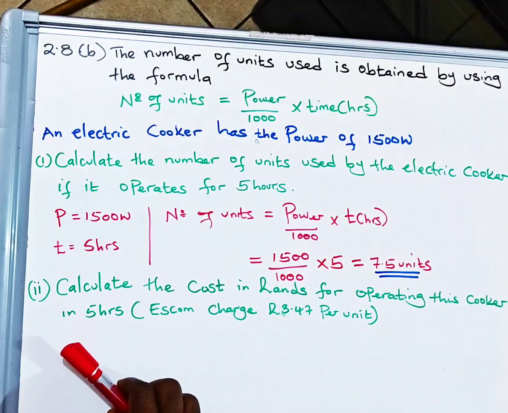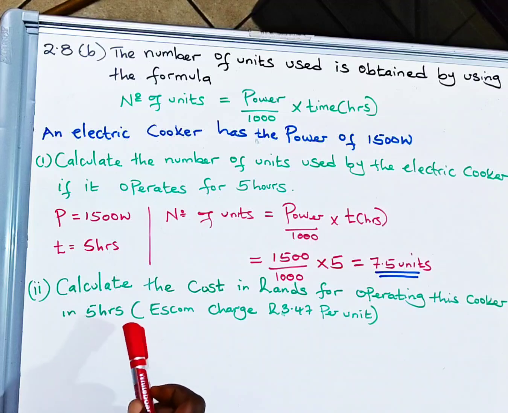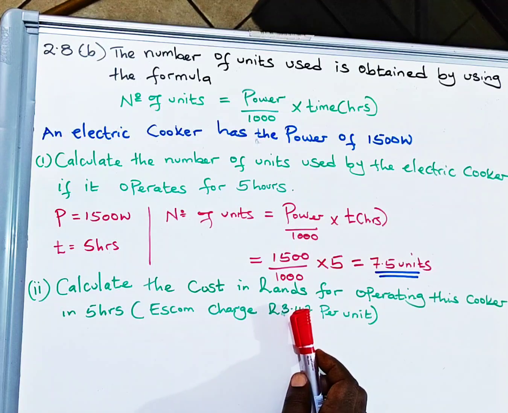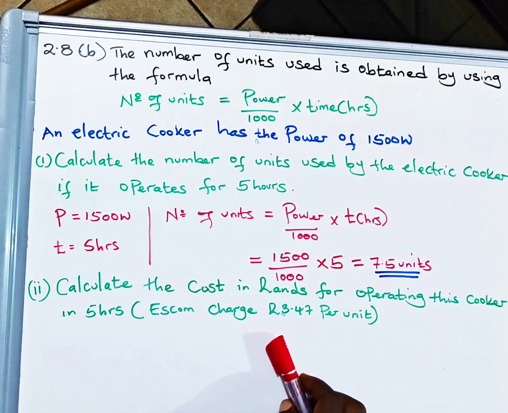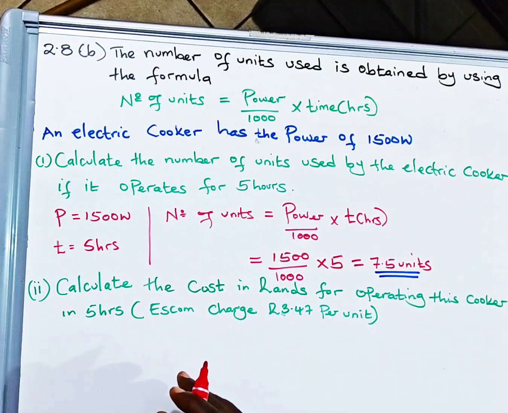Yeah, then we come to this question. It says that calculate the cost in rands for operating this cooker in 5 hours. They say Eskom charge 3 rand 47 cent per unit. Okay, how do we go about this? Here you need to know the formula.